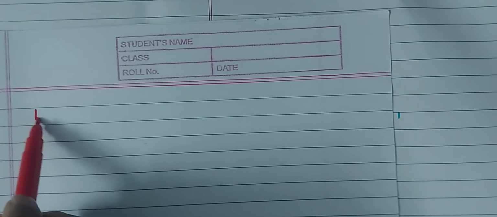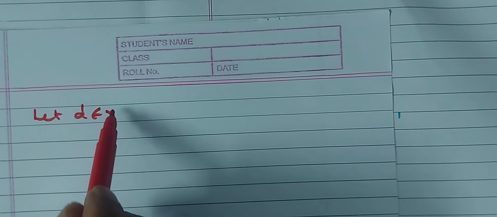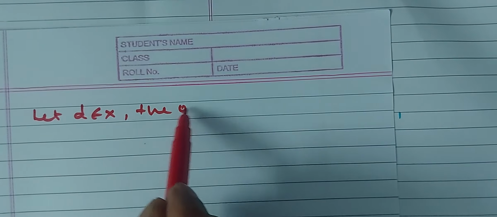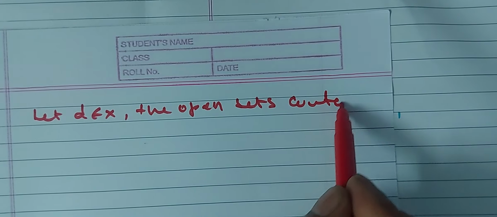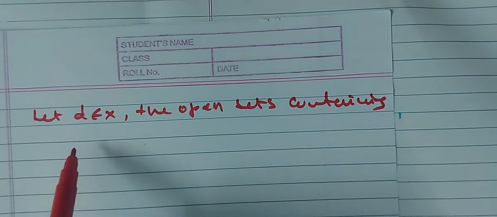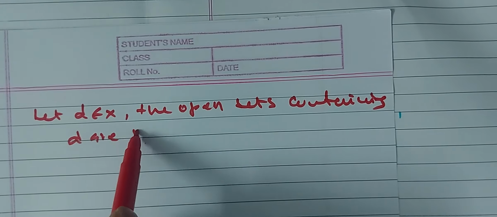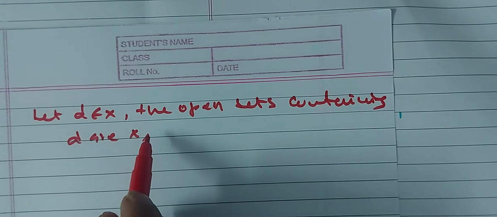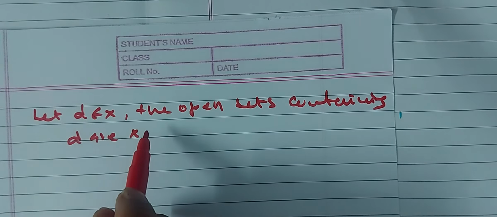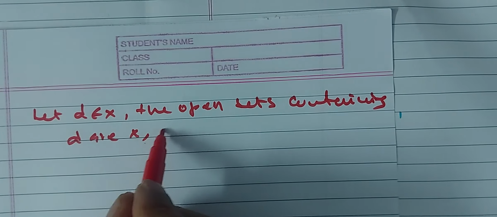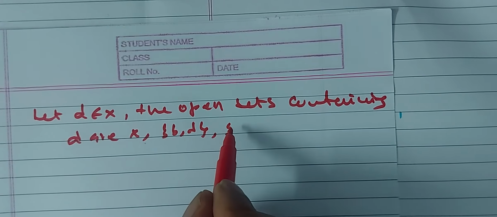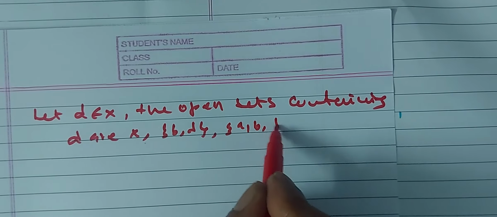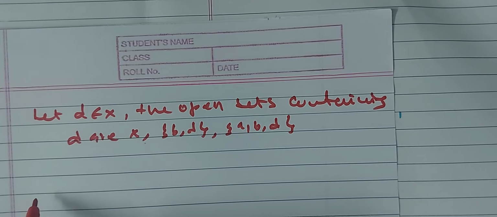Next, let the last element D belong to X. The open sets containing D are X, {b, d}, {a, b, d}.